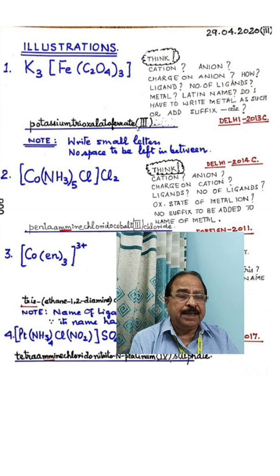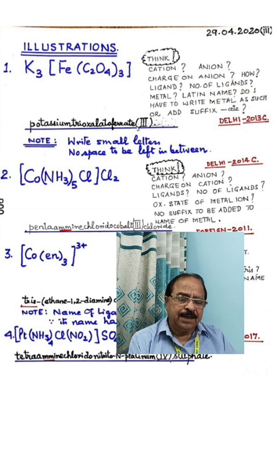Then I have to write the name of the metal atom. Since the coordination entity is positively charged, I will not change the name of the metal atom. So the name will become pentaammine chlorido cobalt. And what is the charge present on the cobalt? Since there are 2 chloride ions as counter ions, the total charge on the coordination entity must be +2.